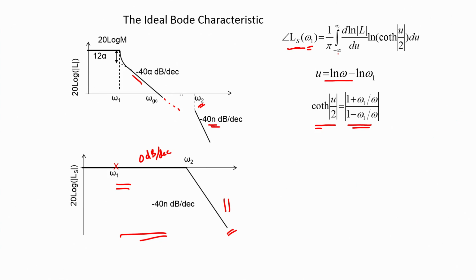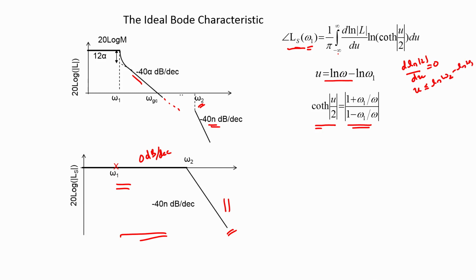The second simplification arises from the specific form of the magnitude characteristics. We note that the magnitude characteristic has a slope of 0 decibels per decade up to frequency omega 2 and a slope of minus 40 n decibels per decade beyond frequency omega 2. So, in other words, d of ln of magnitude of L by du will be equal to 0 for u less than or equal to ln of omega 2 minus ln of omega 1.